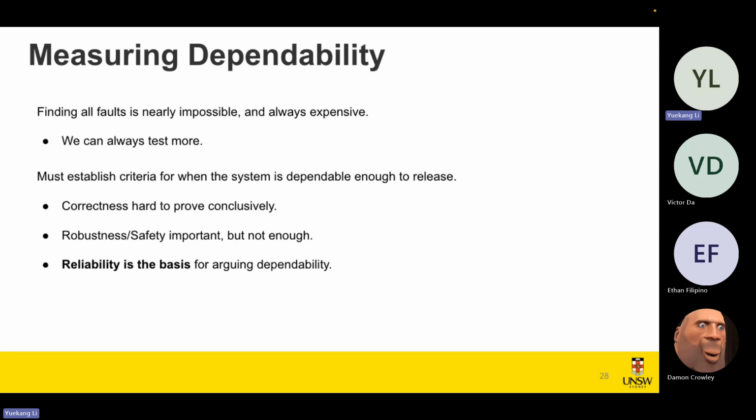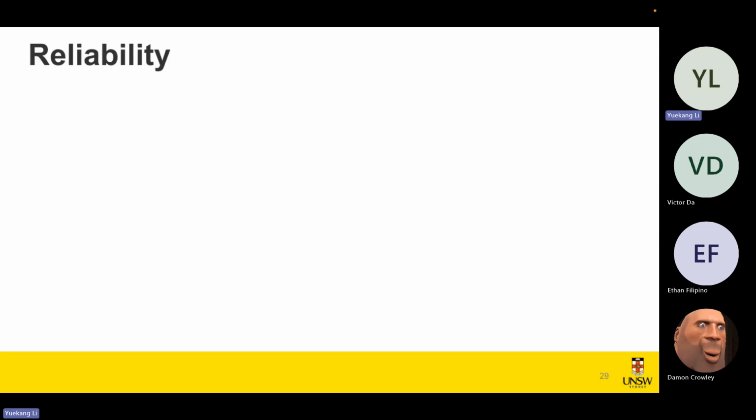So now we are converting the problem from when to stop testing to how do we measure the stopping criteria. We found that dependability is good, so how do we measure dependability? Now we are converting the problem into how do we measure reliability.